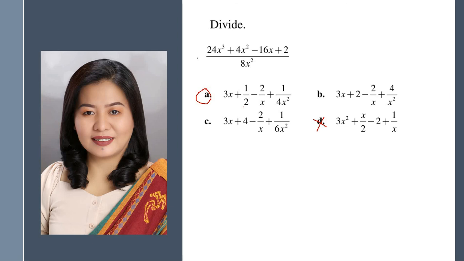So this is correct. 2/8 is 1/4, and we bring down our x squared. So A is the answer. It's easier to have choices than just solving without choices, because we can apply the elimination technique in answering.